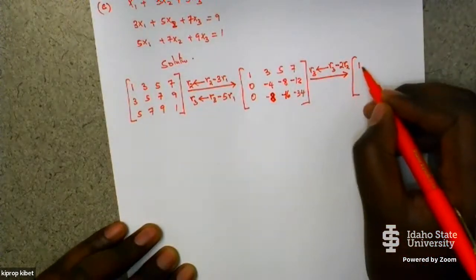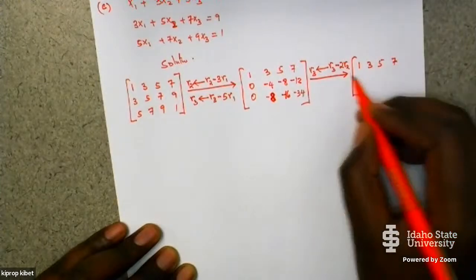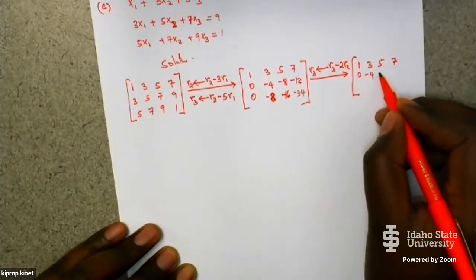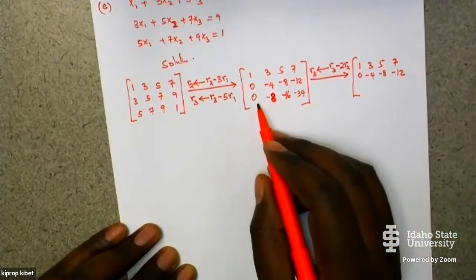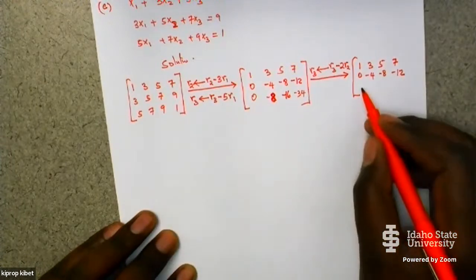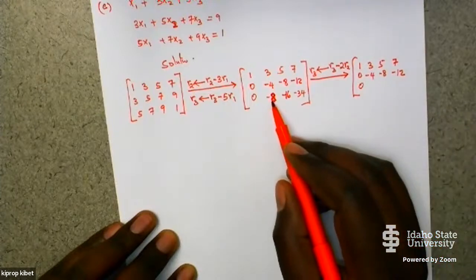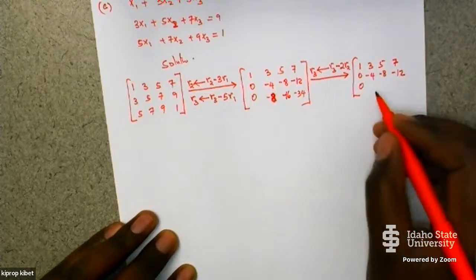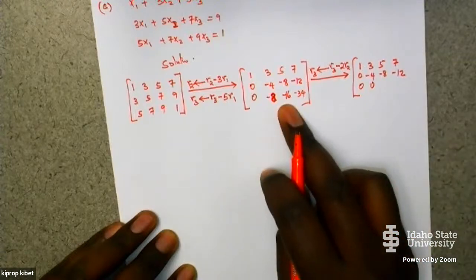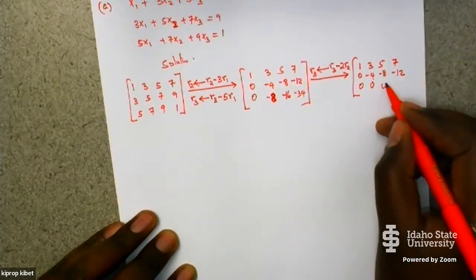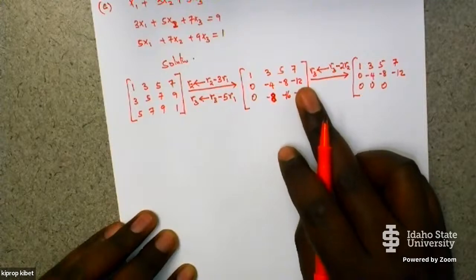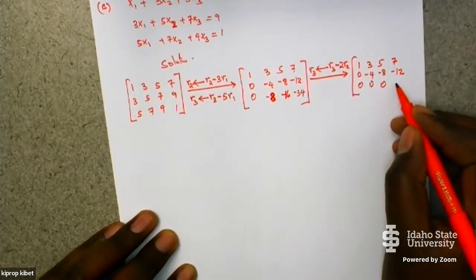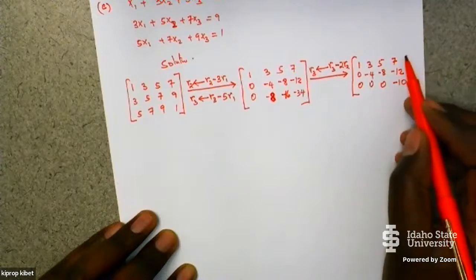So we have 1, 3, 5, and 7, 0, minus 4, minus 8, and minus 12. The last one will be what? 0. Minus 8 plus 8 is 0. Minus 16 plus 16 is 0. Minus 34 plus 24 is minus 10.